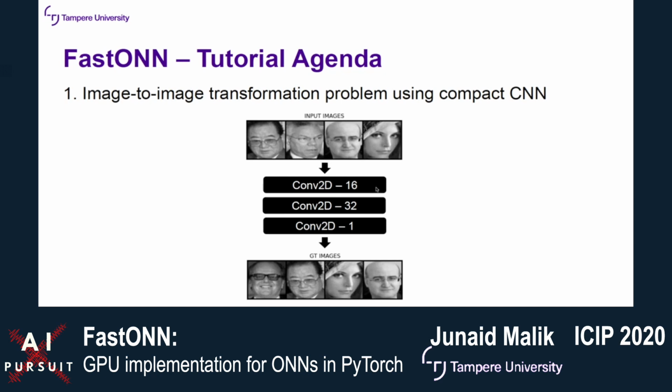First, we will be configuring a very simple CNN to deal with this problem. So our architecture will consist of 3 layers. The first layer will have 16 neurons, the second will have 32, and finally the last layer will have only a single neuron. We will first see how we configure such an architecture and train it.